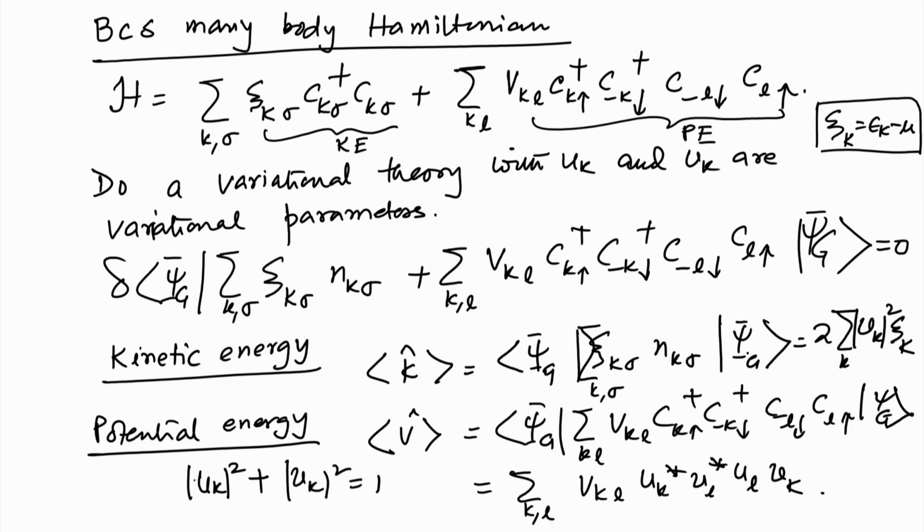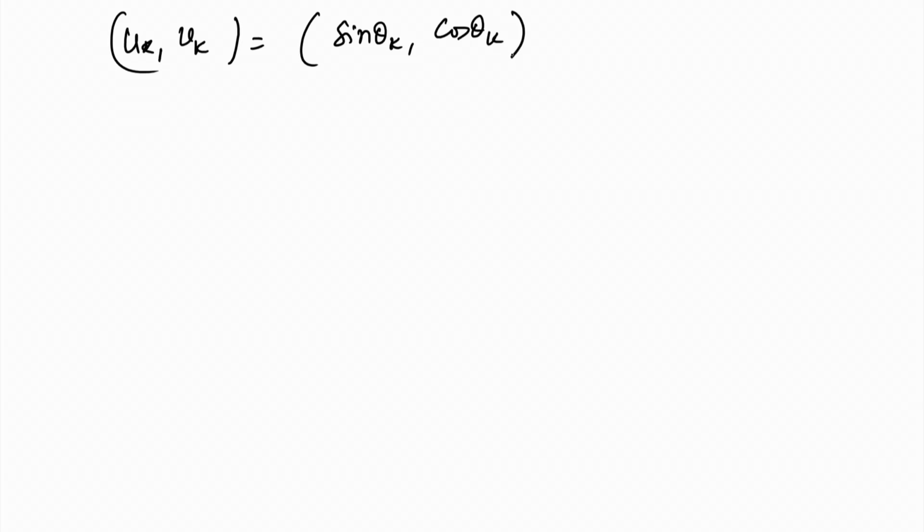Now, because of this constraint, one can take a pair of variables like this and reduce the number of variables from 2 to 1. It is always very difficult to do a variational calculation with 2 variational parameters, because you have to look for the minimum in a 2-dimensional space.